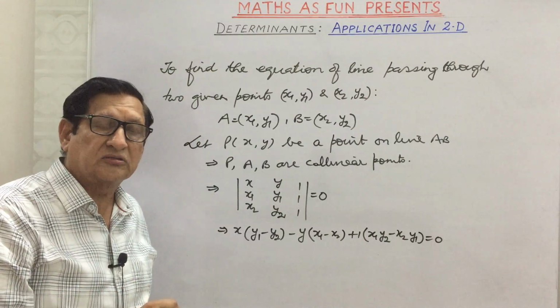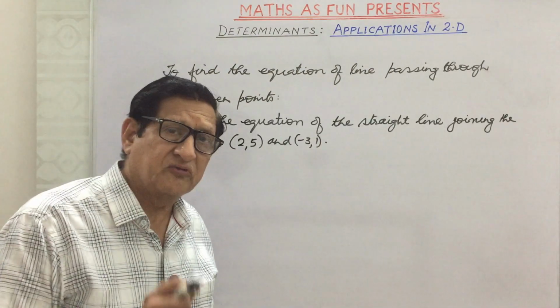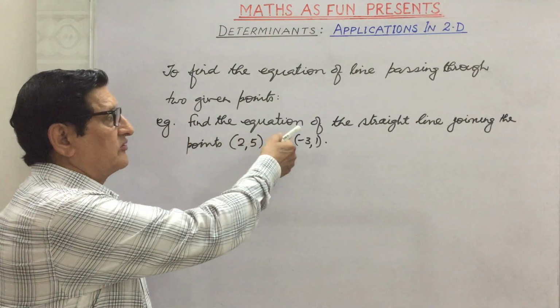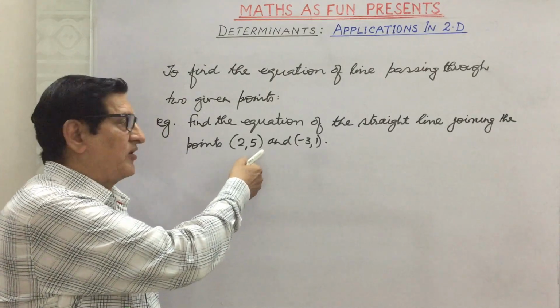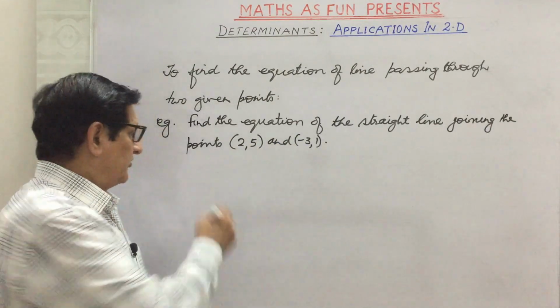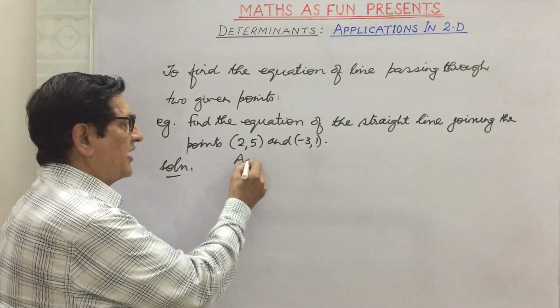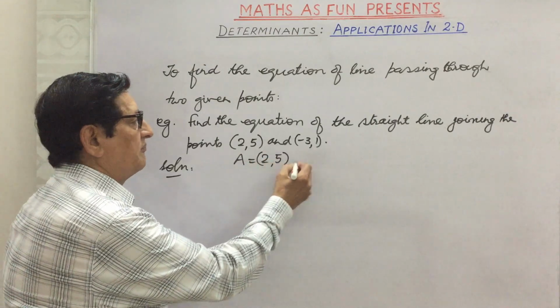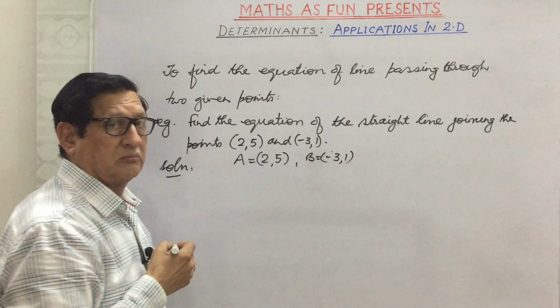We can understand this with the help of one example. The example we discuss here is: find the equation of the straight line joining the points (2, 5) and (-3, 1). For the solution, we write these points first: A (2, 5) and B (-3, 1).